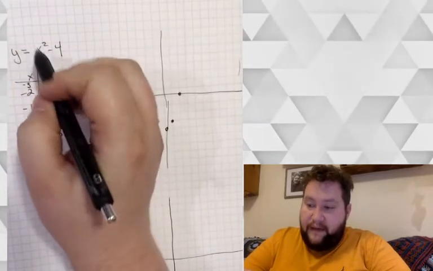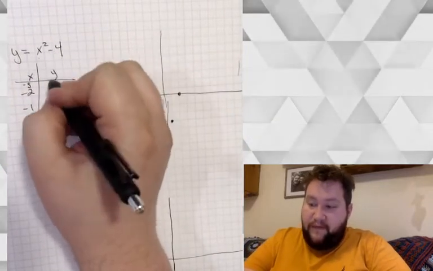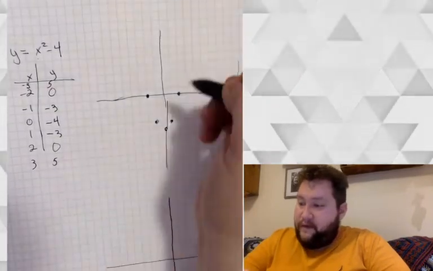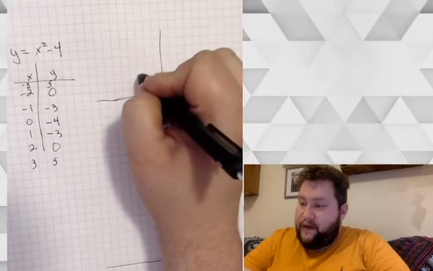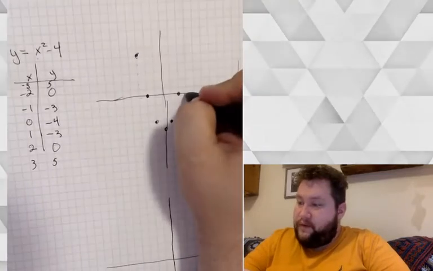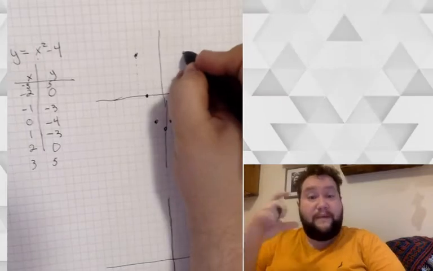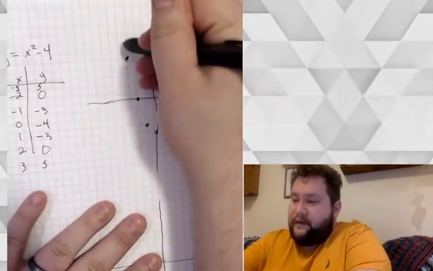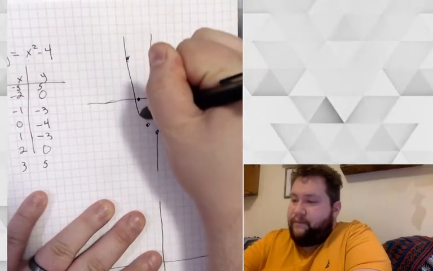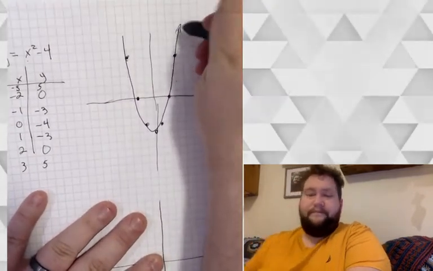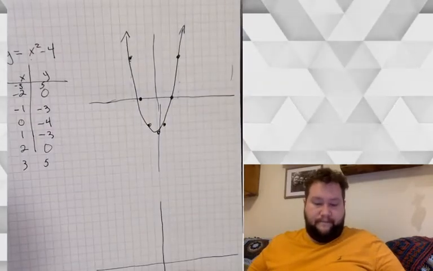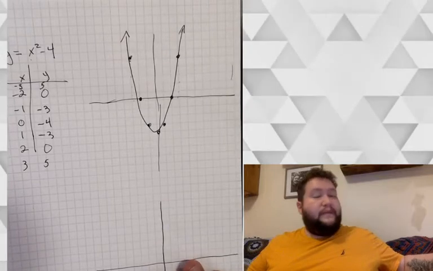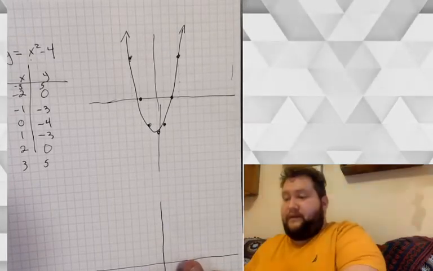So here we have 9 minus 4 is 5, and positive 3, 9 minus 4 is 5. So -3, 5, and 3, 5. And we have a bigger jump there. And so now, if we want to connect those, it's going to look something like that. And I want to point something out about these last two that we've drawn. That hasn't been the case of the previous three.